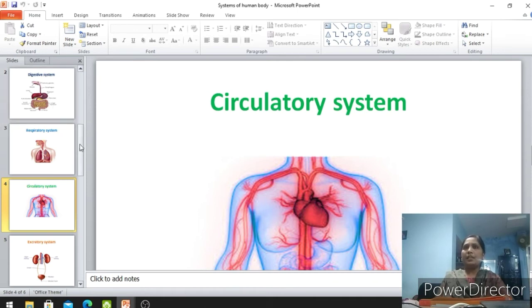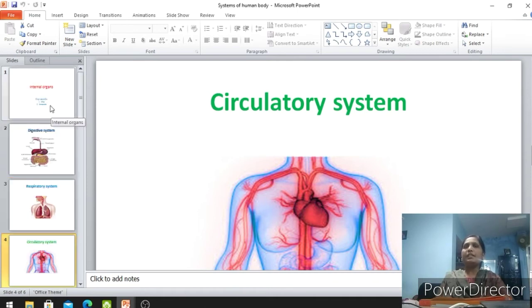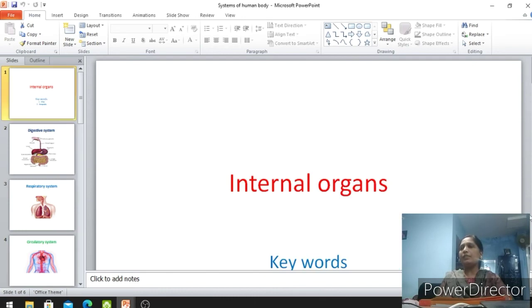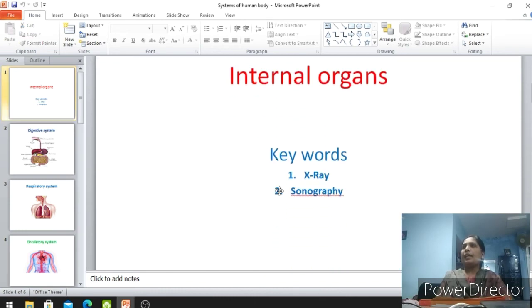They'll do an X-ray. In the beginning of the lesson, in keywords, we discussed X-ray and sonography. These are the two methods doctors use to try to identify where, which internal organ got damaged, and what the problem in the internal organ is.